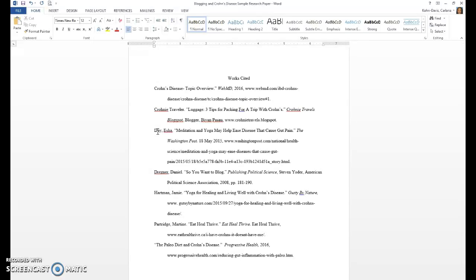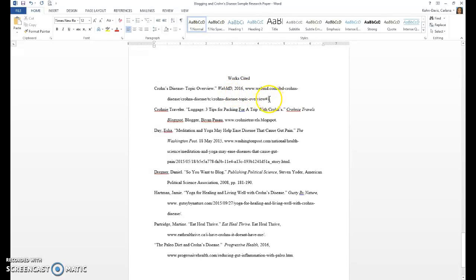Okay, so for your annotated bibliography, I ask you to section your sources according to primary and secondary. I want you to lump all of those sources together and then alphabetize them. Notice every line after the first line of the source is indented. Notice also I took the HTTP colon slashes off and I'm beginning with www.